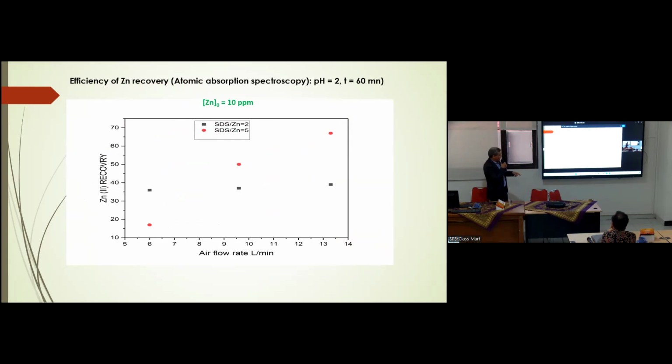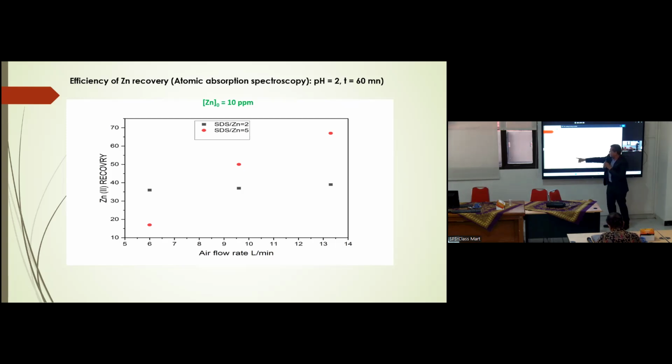This is important for zinc. I start with pH 2, acidic. I can conclude with the ratio 2. That means that the concentration is double that of the zinc. I have constant efficiency.